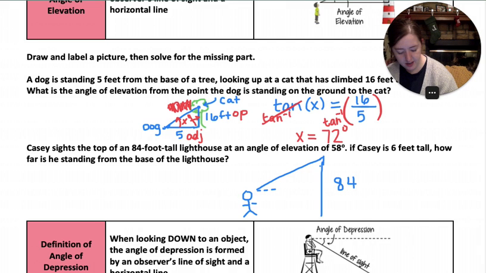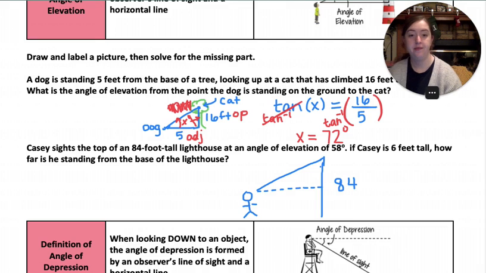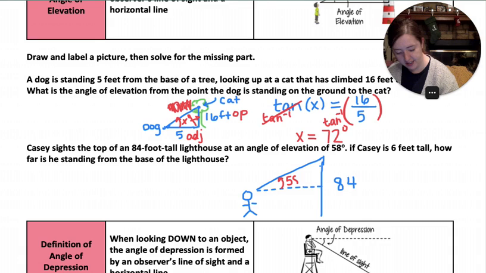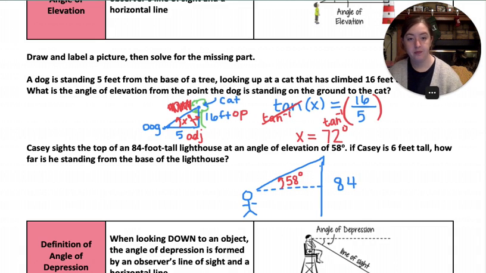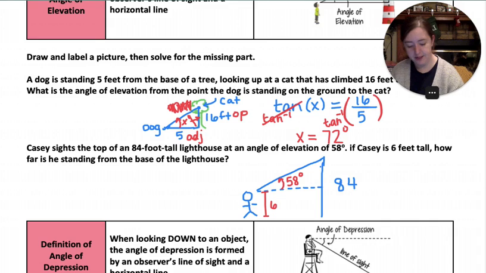And right here is our horizontal. So from that horizontal up is 58 degrees. Now we know Casey is 6 feet tall, so this length right here is 6.